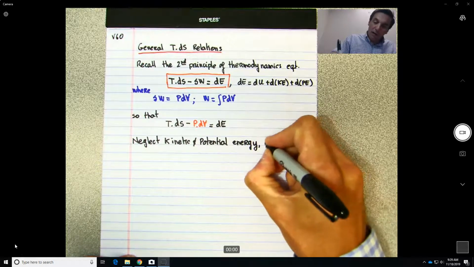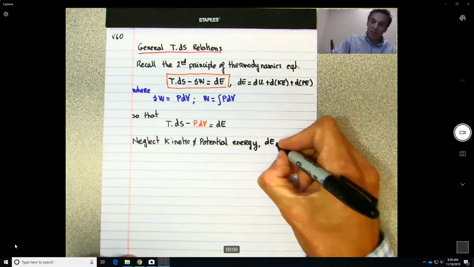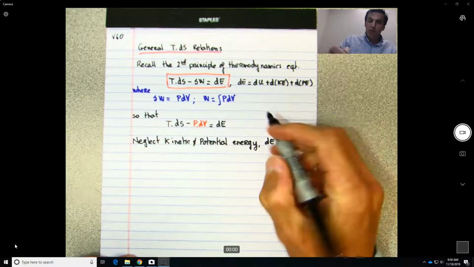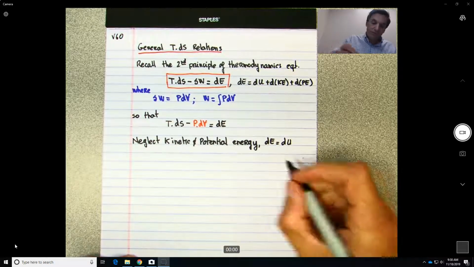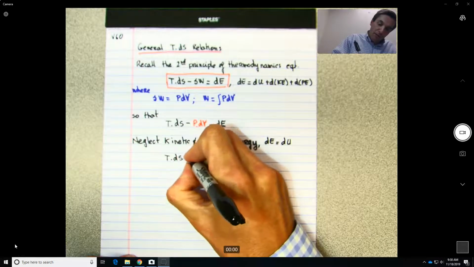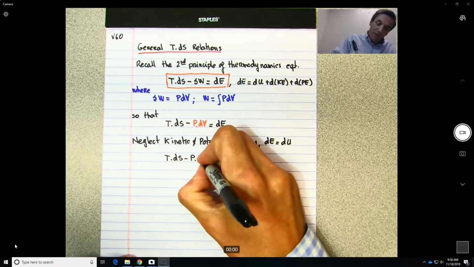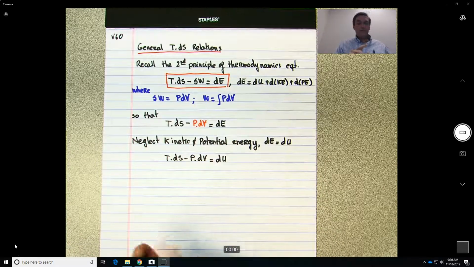basically what does that imply? The change in total energy would just be left with the term of internal energy. You'll have T dS minus P dV is equal to dU.